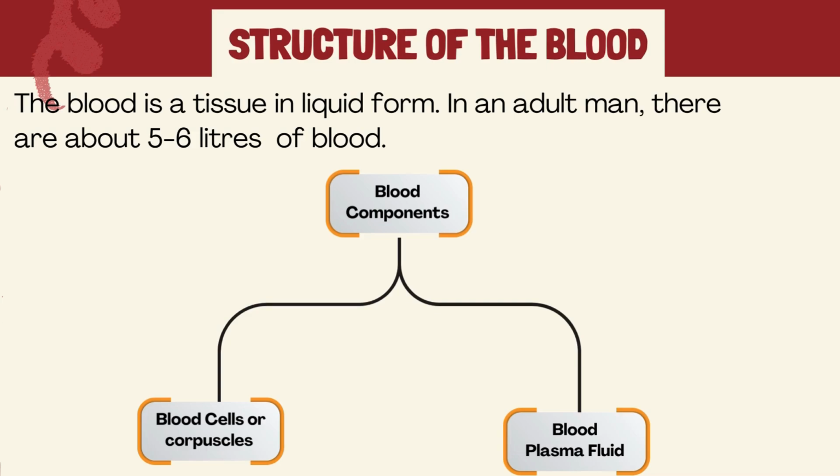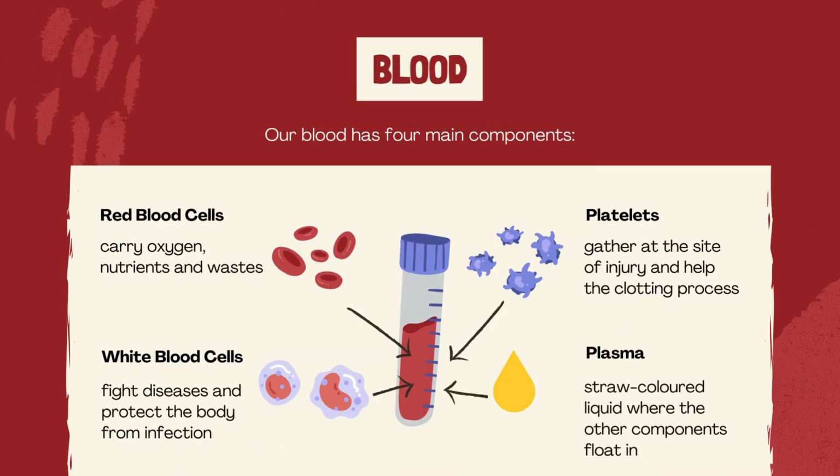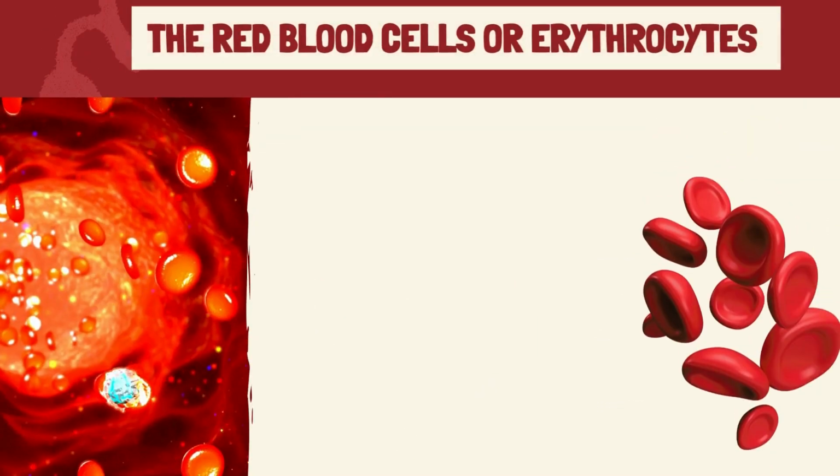Let's look at these one after the other. The blood cells or corpuscles. There are 3 types of blood cells or corpuscles, which include red blood cells or erythrocytes, white blood cells or leukocytes, and the blood platelets, also called thrombocytes.